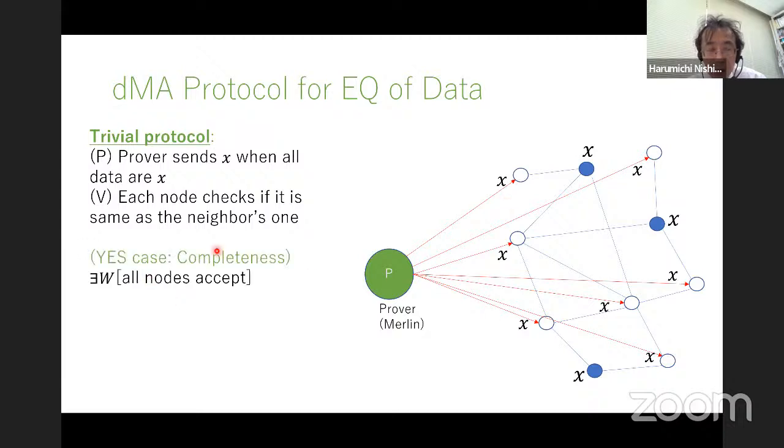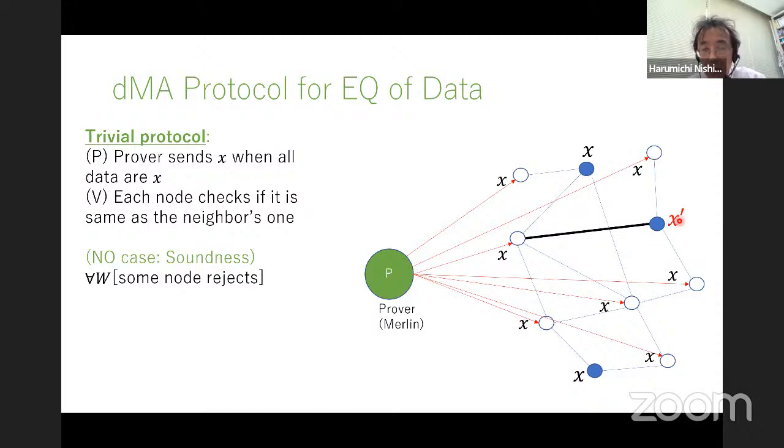This is completeness. On the other hand, if some node has different data, this is a no case.